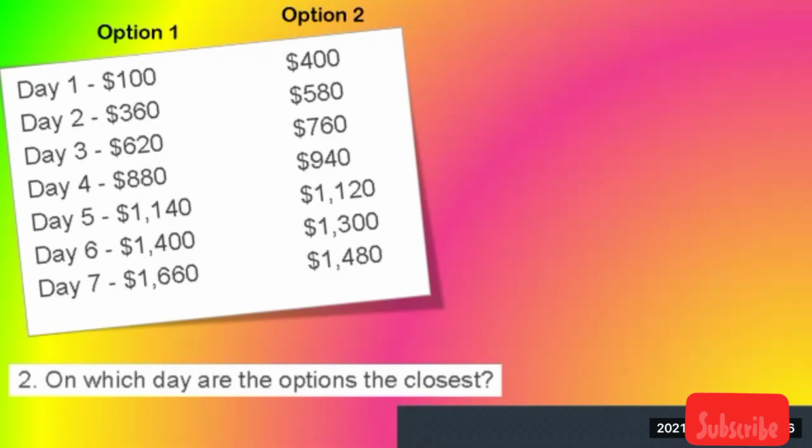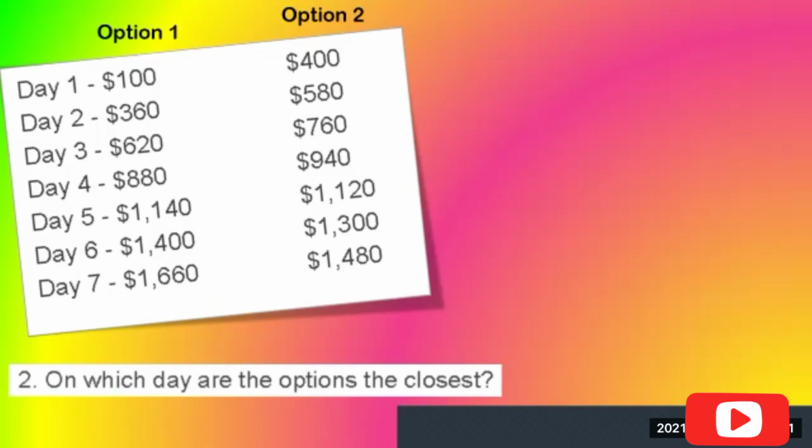So if we add $260 to $360, we will have $620 on day 3. And if we continue to add $260 to the total that we have on the previous day, we will get the amount that we would have on this present day. So we continued to do that, and on day 7, we had a total of $1,660.